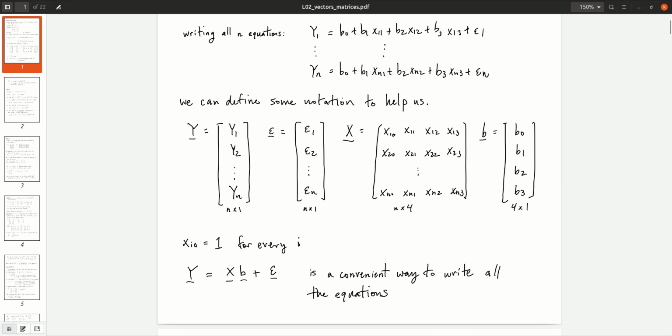Then we can write all n of these equations out much more succinctly after we define this notation as y equals Xb plus epsilon.